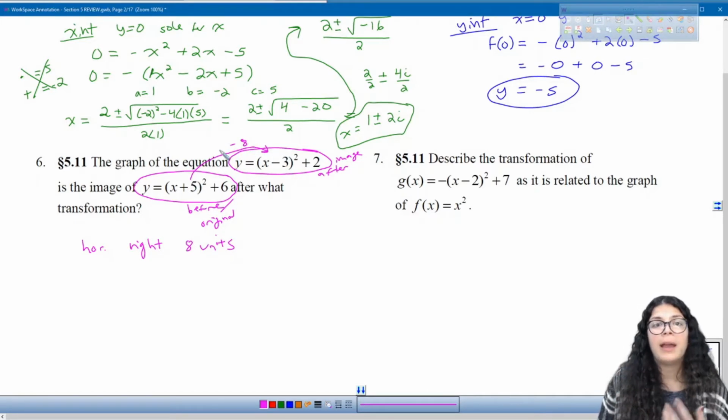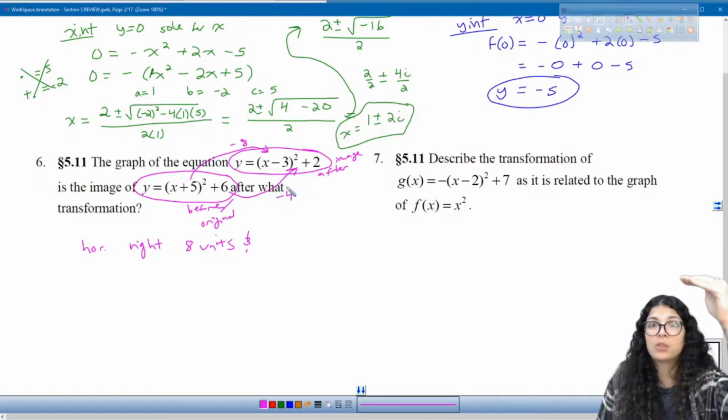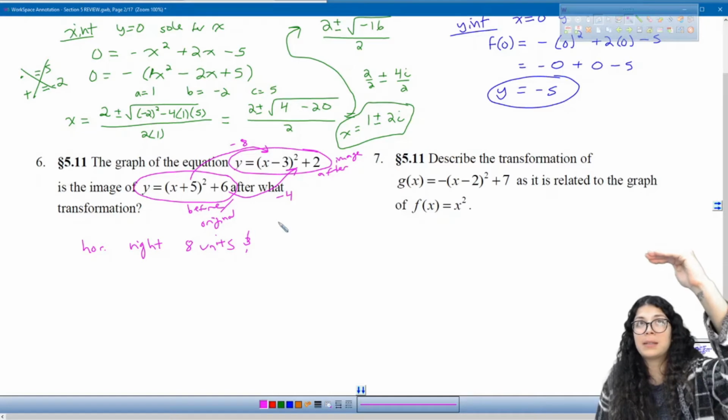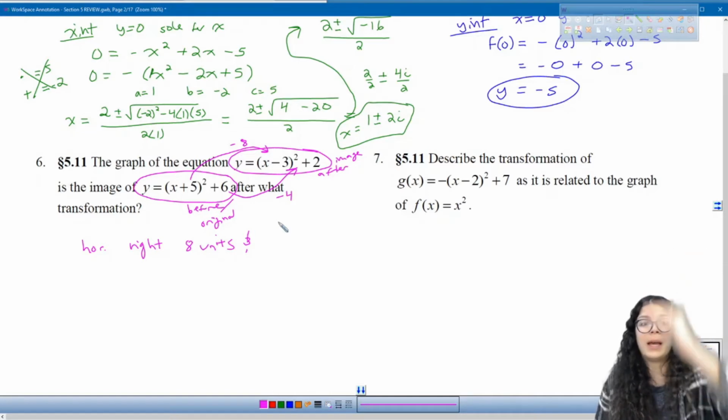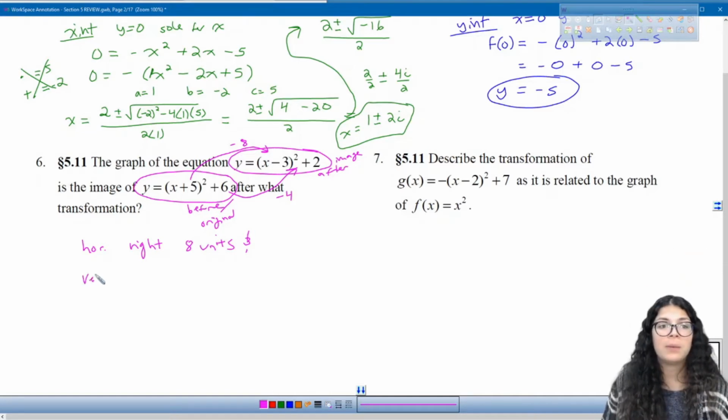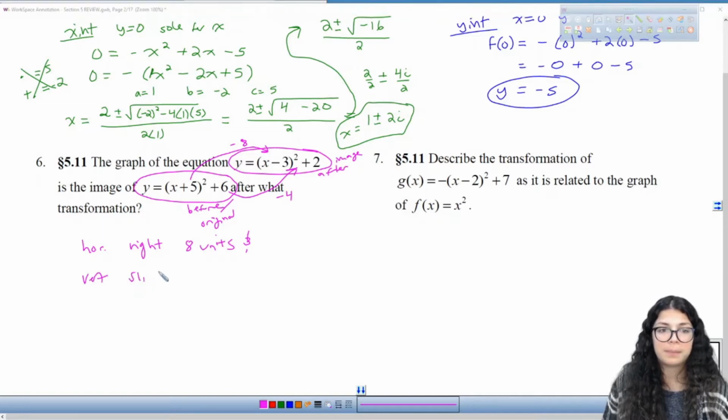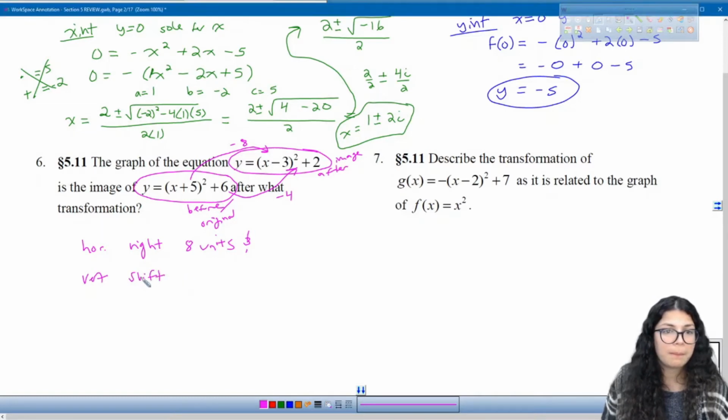But remember, everything with x is the opposite, so it's actually a shift to the right. And then with the y value, notice we went from being up 6 to now being up only 2. So we actually subtracted 4. So that means if we were up 6 and now we're only up 2, we had to go down 4. So that would be a vertical shift down 4.